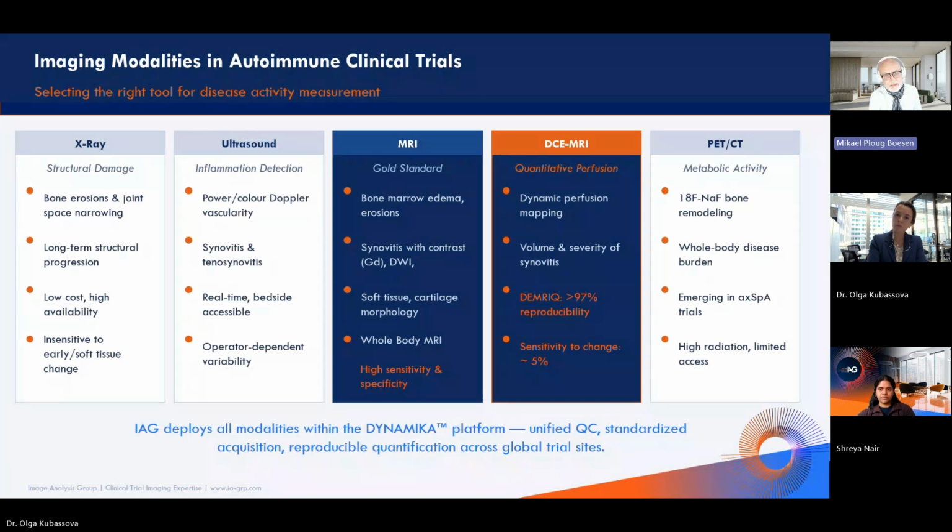But the fact is that bone marrow edema can be, as potentially the only modality, visualized and also monitored. Then you can see the erosions even better than on the X-ray. So it's more sensitive for bone erosions, also for detection of erosions that you cannot see on the X-ray, and it also has sensitivity to change for that.